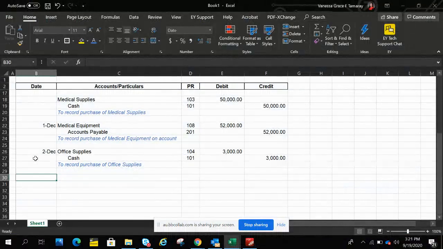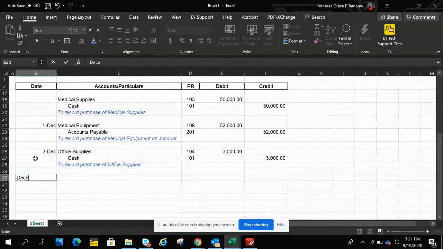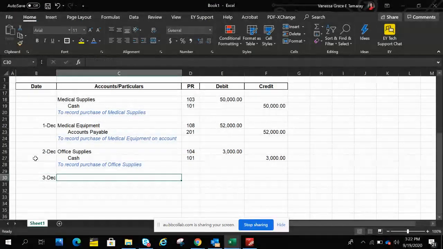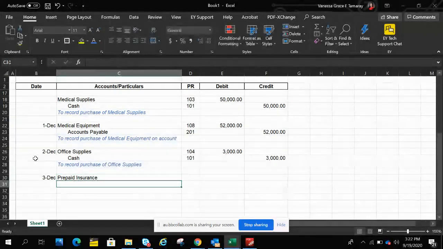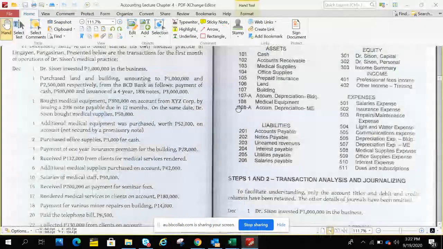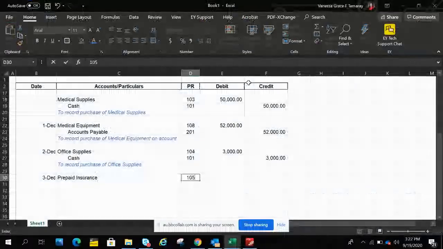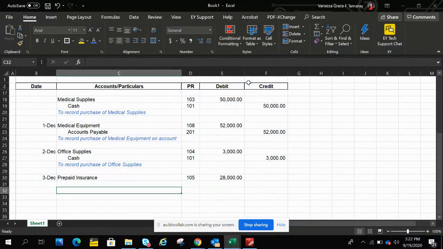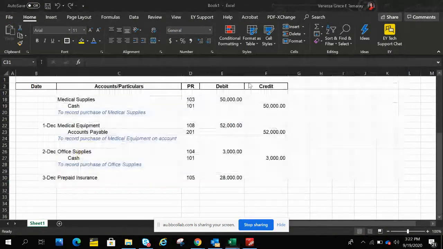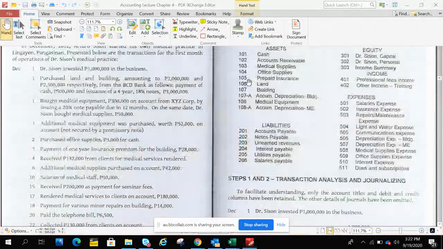Number 3. The debit, asset ito kasi nagbayad ka in advance, prepaid insurance. How much? This is 28,000 pesos. And then what did we do? What did you use to pay the prepaid insurance? We paid in cash.